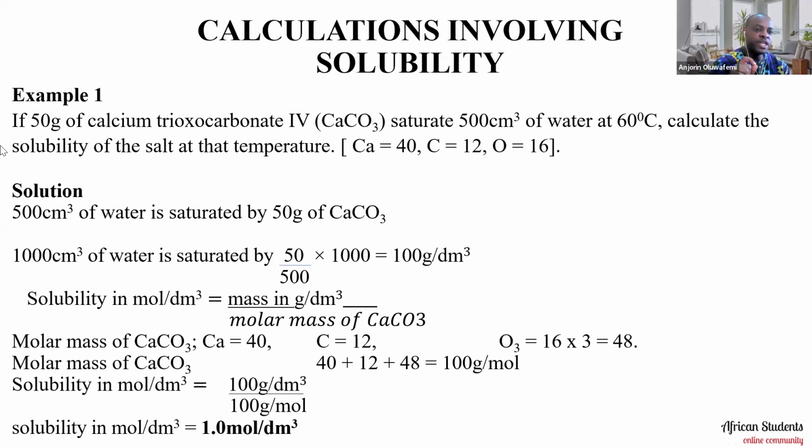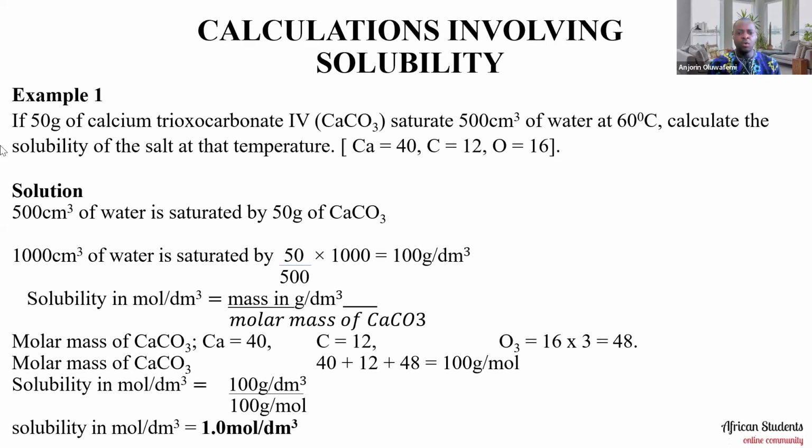Therefore, we can now bring in the formula that says solubility in mole per dm cube equals mass in gram per dm cube over molar mass of calcium carbonate. We can calculate the molar mass of calcium carbonate from the relative atomic numbers that were given to us.